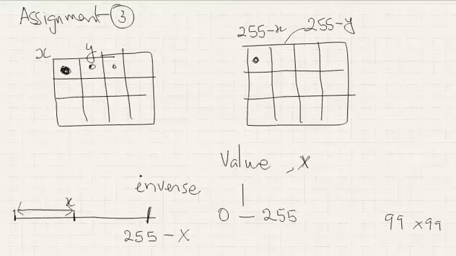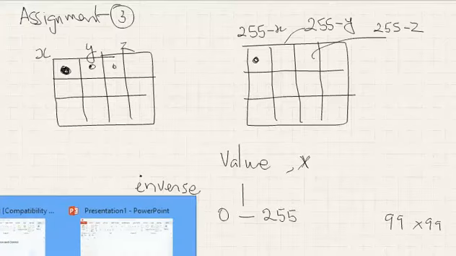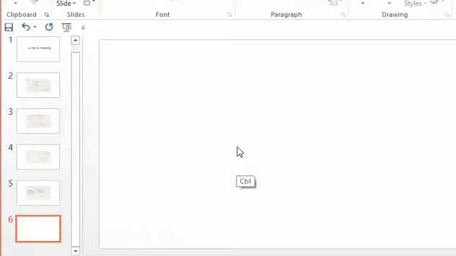If this is z, I want you to write 255 minus z. So this is a simple one. Okay, you write everything in a different file. A different file is good, so you can debug each and every program.